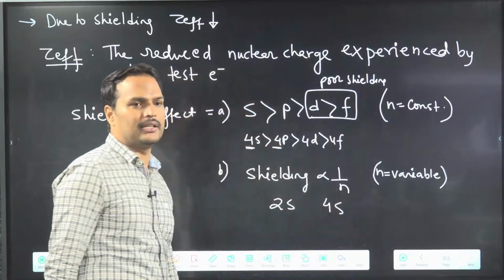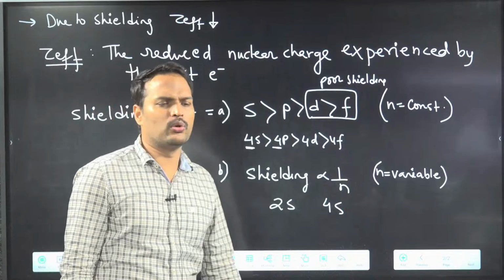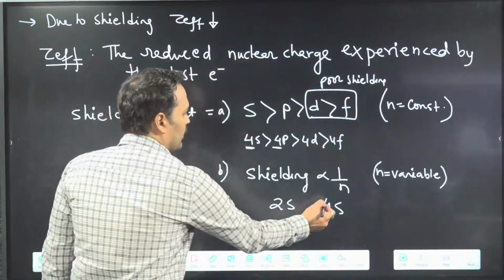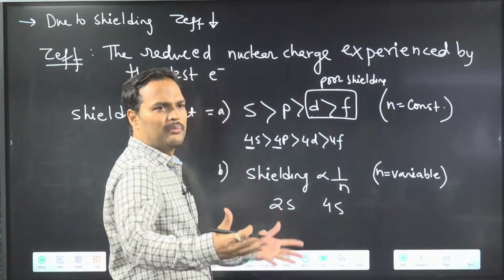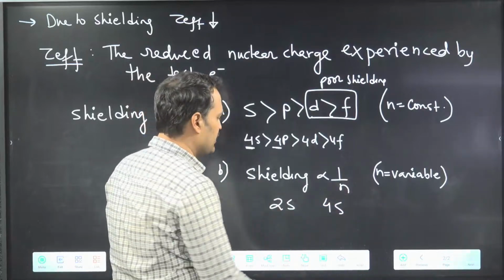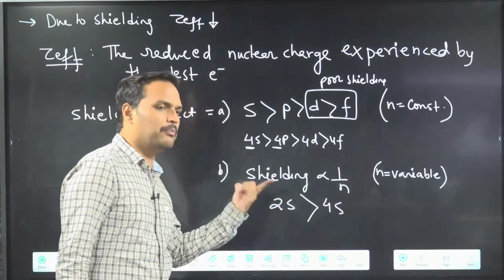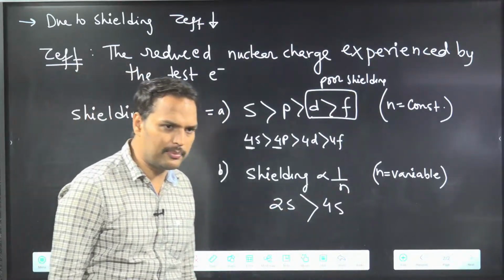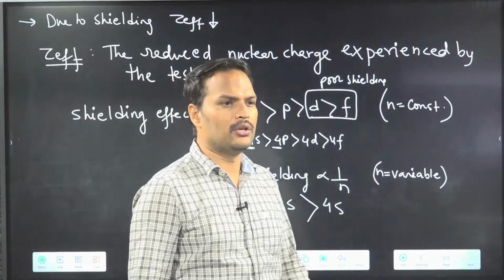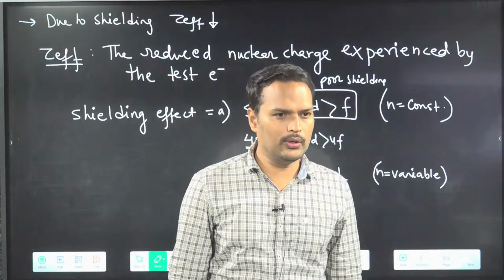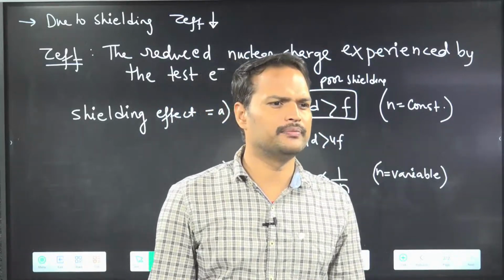Both are s, but who is the big orbital? 4s is the big orbital. Big orbital means so much empty space. So 2s shielding is more. Less orbit number, more shielding. Don't see s and p now, only see n.